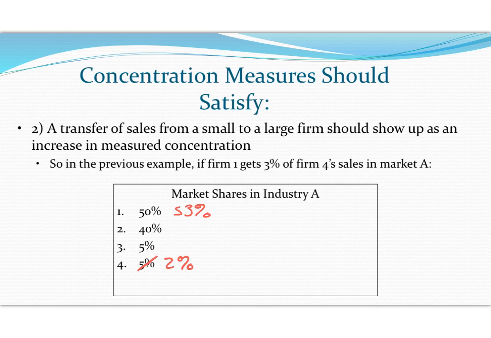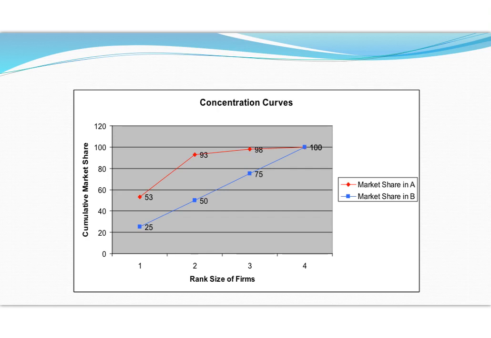Okay, so if we then simply replot these, we're going to have 53%, and I'll do this on the next slide graphically, and then 93%, and then 98%, and then 100%. If we plot those out, we get something that looks like this, where you can see that this is a little bit higher, a little bit higher, a little bit higher. This point's the same because by the time we get to 4 firms, the 4 firms control 100% of the market.